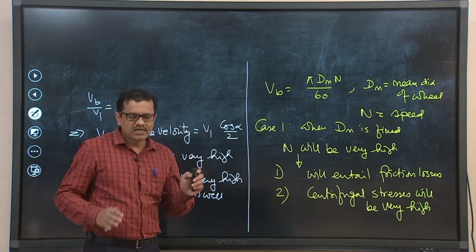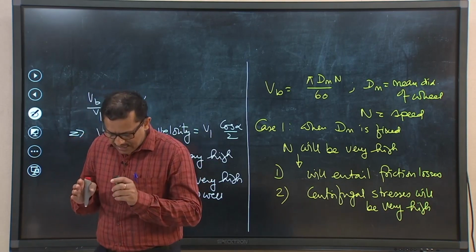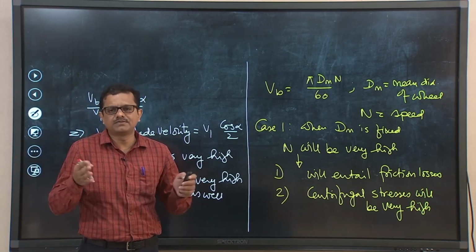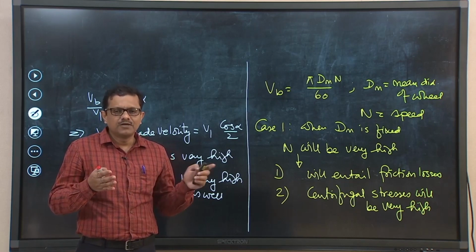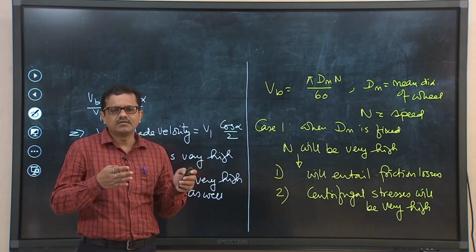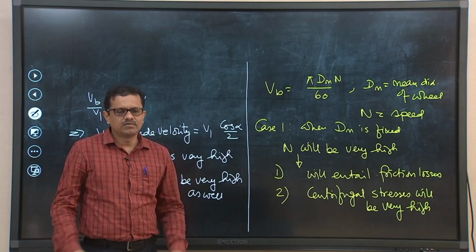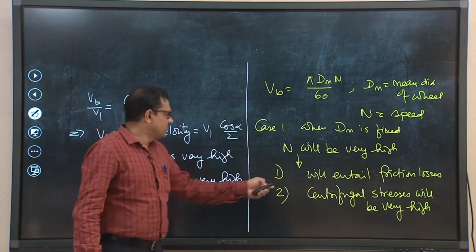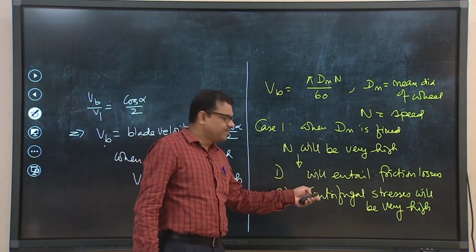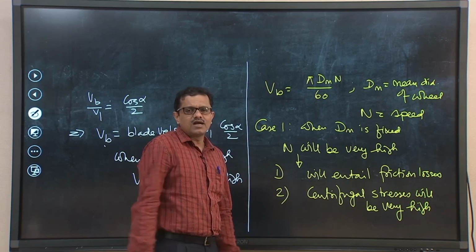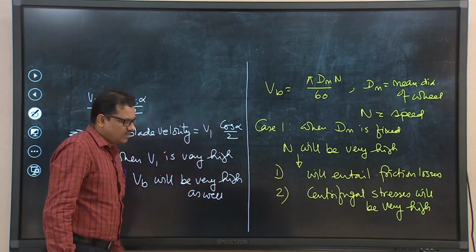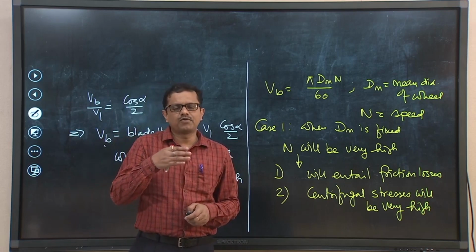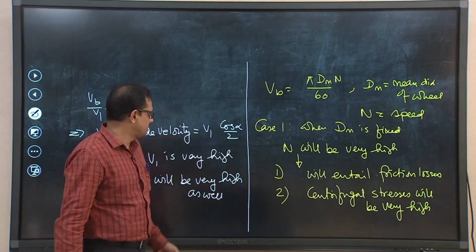We all know that a single stage impulse turbine, also known as De Laval turbine, has very high speed, and if the speed of the wheel becomes very high, then we have discussed the difficulties, and all these are not desirable for the smooth operation of the turbine unit.